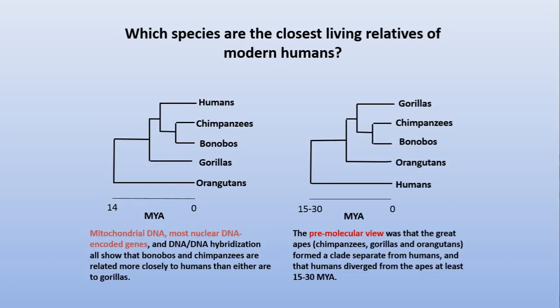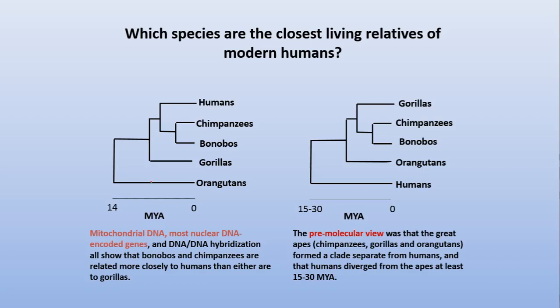We now know which species are the closest living relatives of modern humans owing to this molecular phylogenetic data.